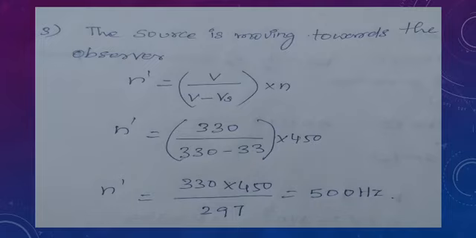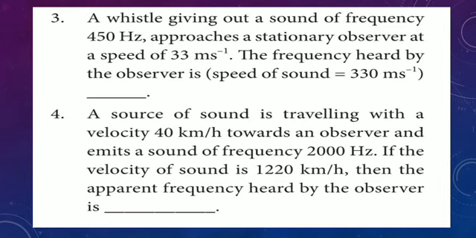Therefore, I am just substituting the values. 330 divided by 330 minus 33, into 450. I can get 330 into 450 divided by 297. Therefore, the answer is 500 hertz. So the answer for the third question is 500 hertz. Okay, do you understand?